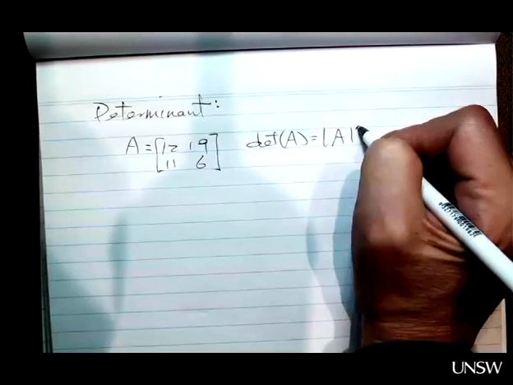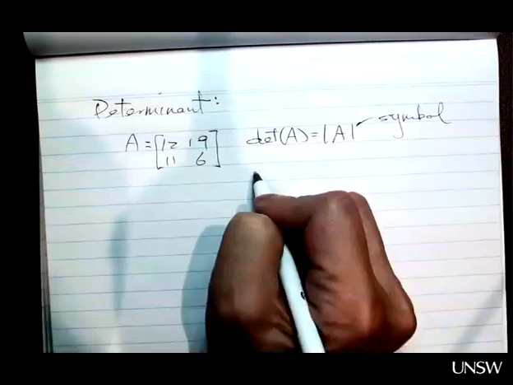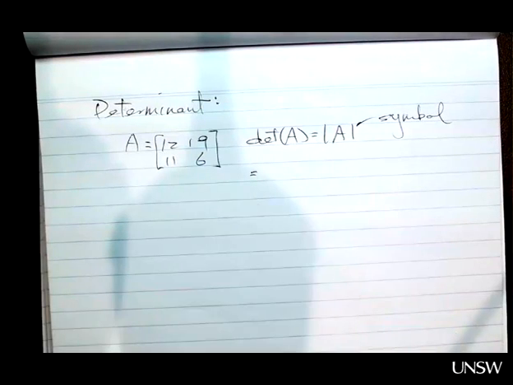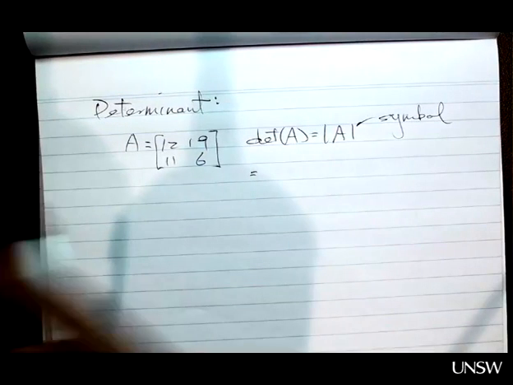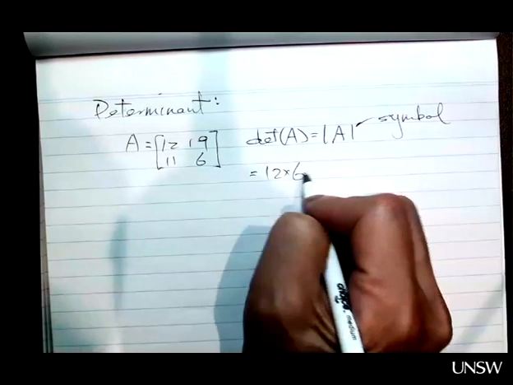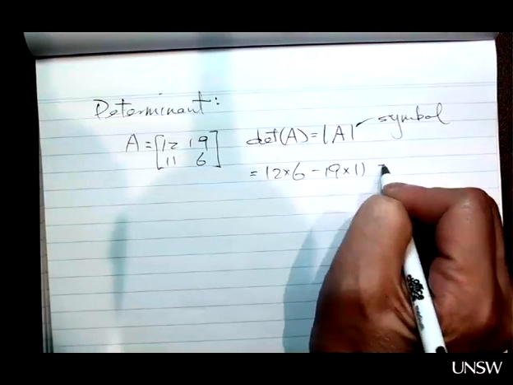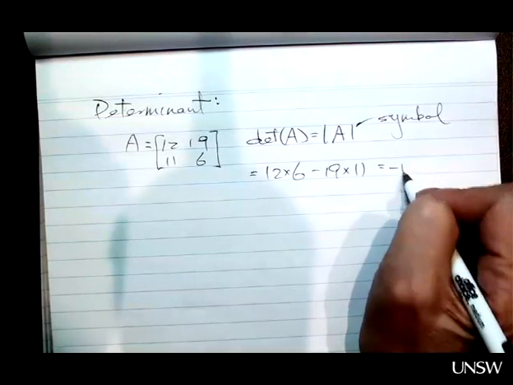Okay, this is the symbol. And the method to obtain this is 12 times 6 minus 19 times 11, okay, it is minus 137.